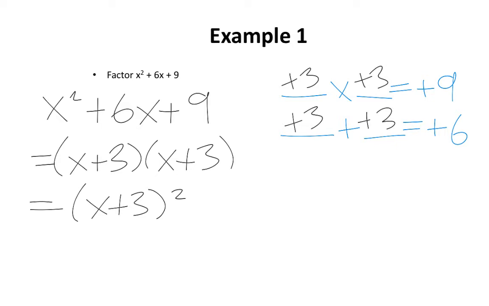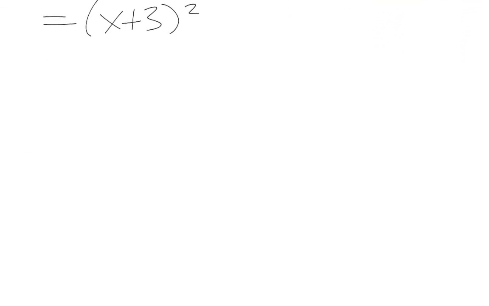However, there is another way of coming to the same conclusion. You don't have to use this, but you can if you are dealing with a harder question. So let's begin by rewriting our question, which is x squared plus 6x plus 9.